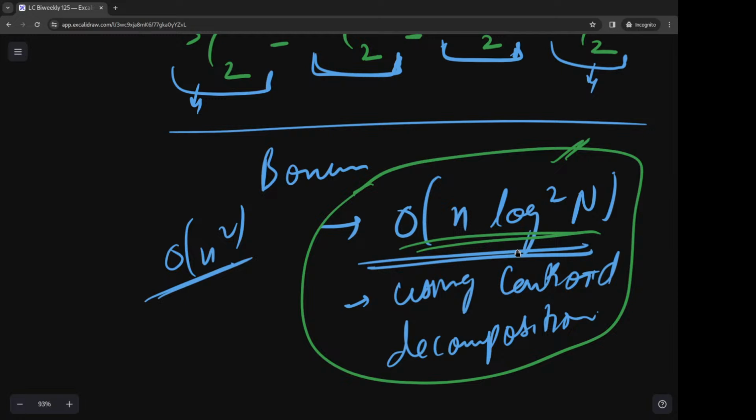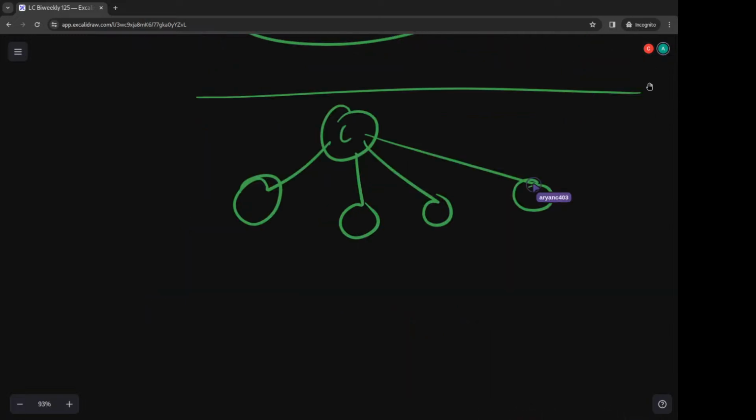So what we can do is we can fix each node I and we can count how many nodes are at distance s from there. So for example, if we fix a node I, then there would be some neighbors of I like this. And then there would be more nodes on this path.